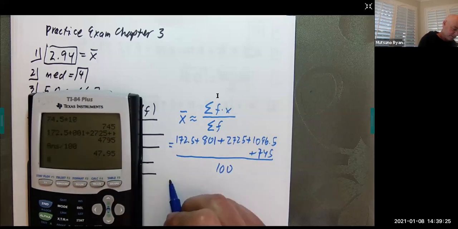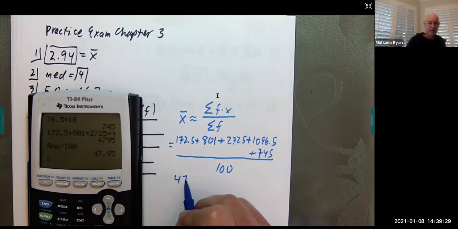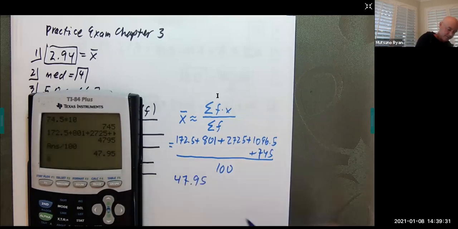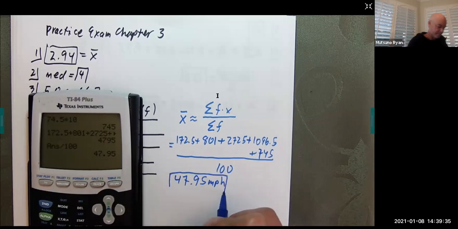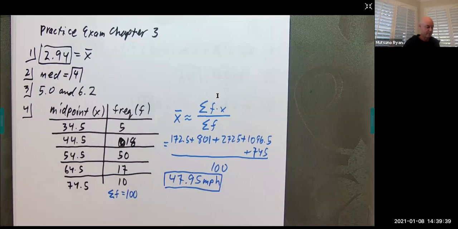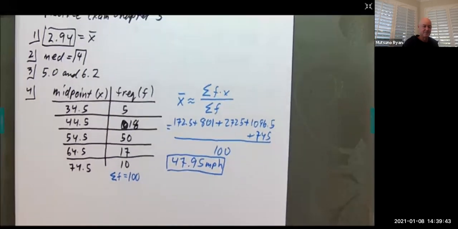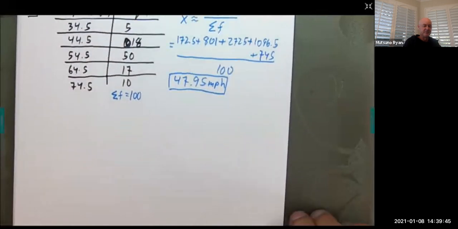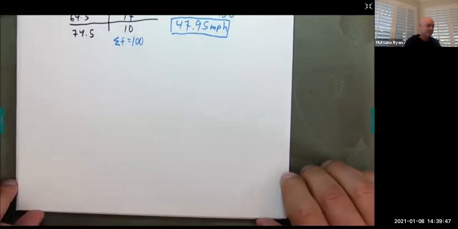So our mean is about 47.95, and these are miles per hour. Not too bad. A little crazy, but not too crazy. Let's move on up for number 5.